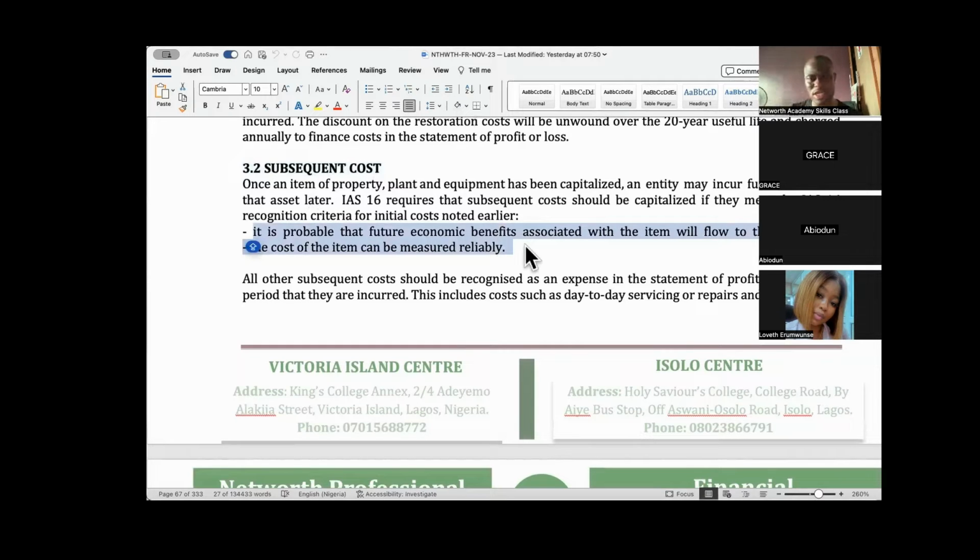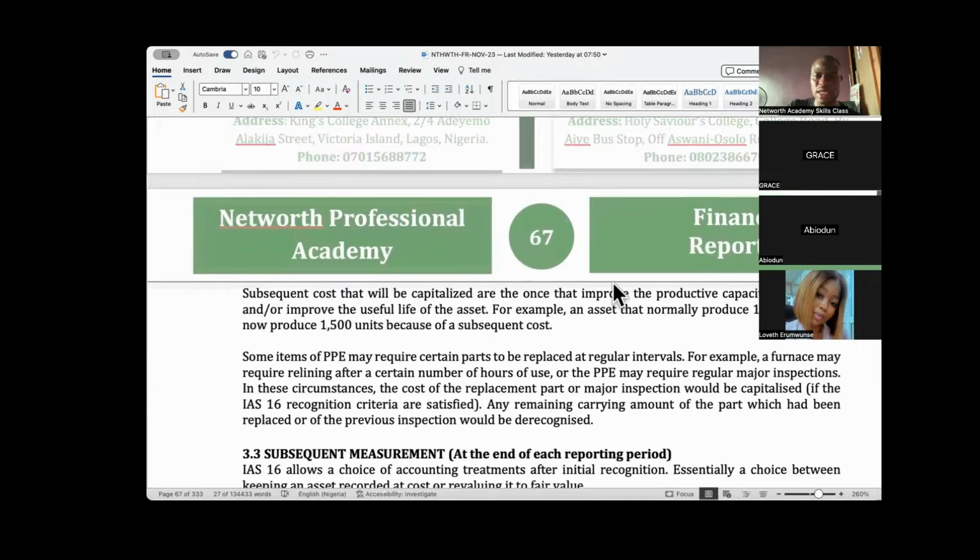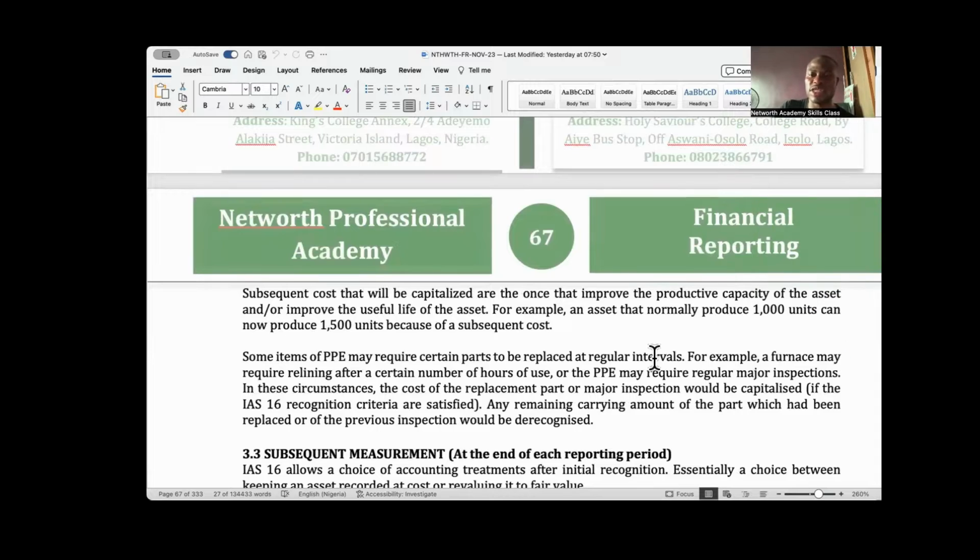And how you will know that it meets this recognition criteria is that they must tell you in the exam that this item has improved the productive capacity of the asset or it has improved the useful life of the asset. We explained all of that last week.